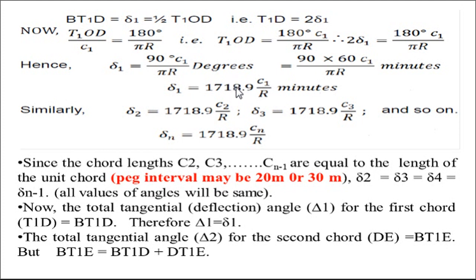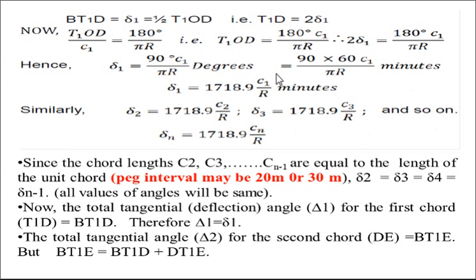This is the same formula we have seen in the designation of curve, by chord length and by curve length. Similarly, delta 2 is equal to 1718.9 into C2, the second chord length, divided by R. Delta 3 is equal to 1718.9 into the third chord divided by the radius of the curve.